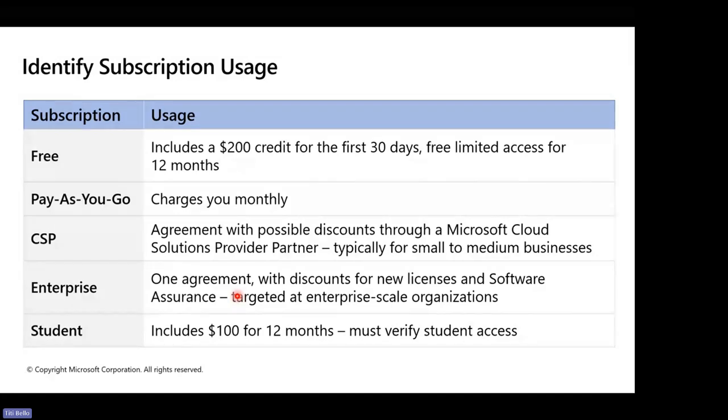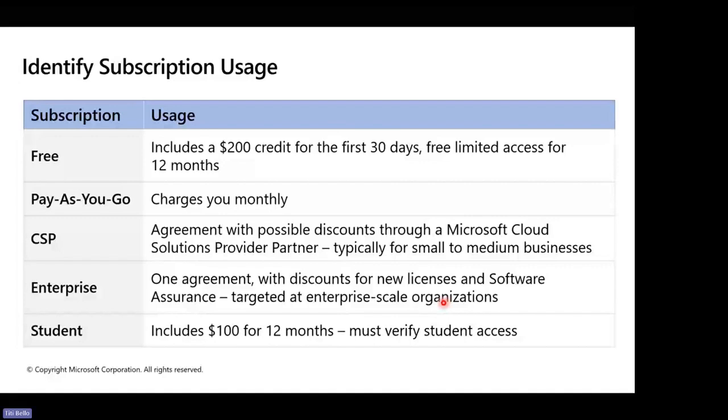However, if you happen to add a new service that was not part of your initial agreement, that will be added at your next year of renewal. It will be added, but from that year you pay the current price for that new resource that you just added, right? That's the way the enterprise agreement works.